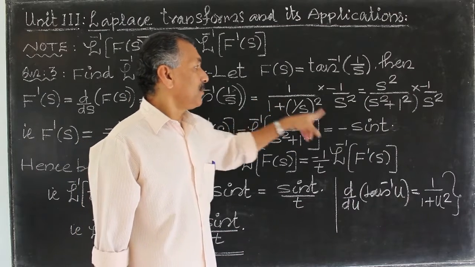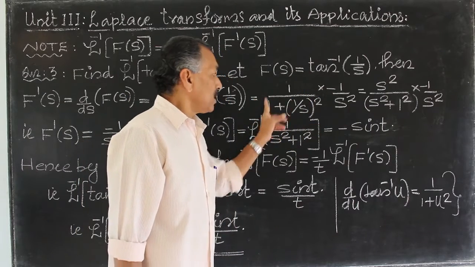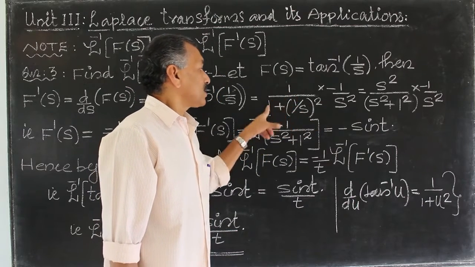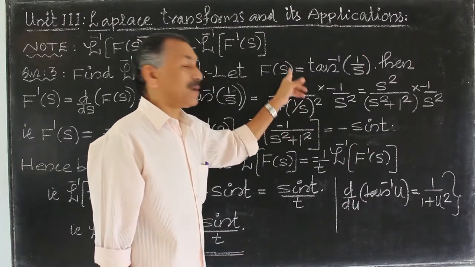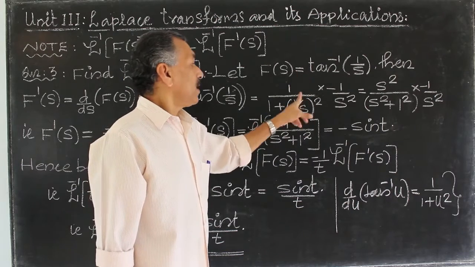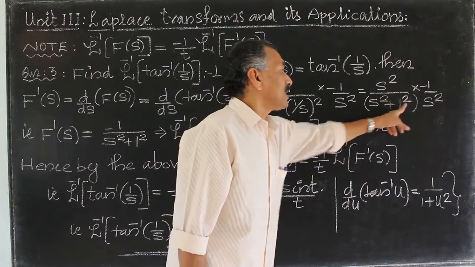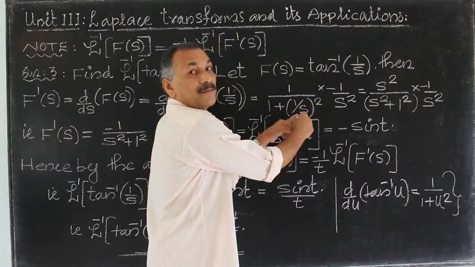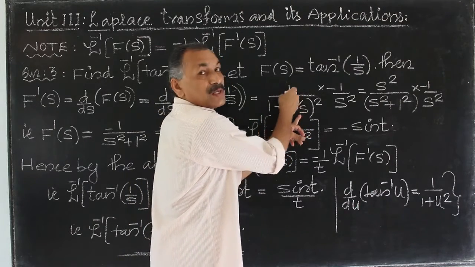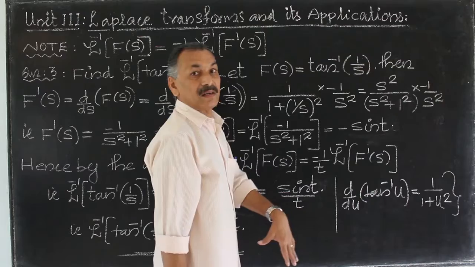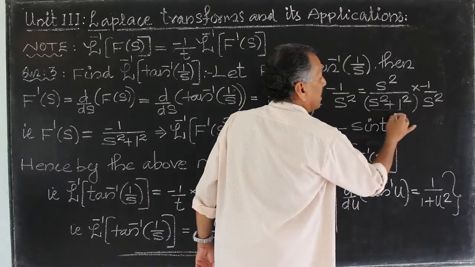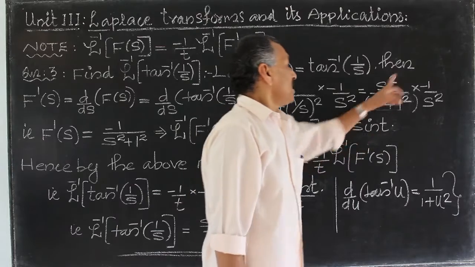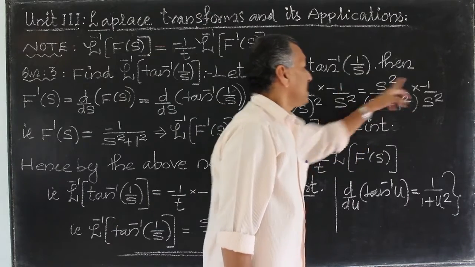Cross multiplying, 1 plus 1 by s square is s square plus 1 all divided by s square. Then 1 divided by that is equal to s square divided by s square plus 1, into minus 1 by s square.